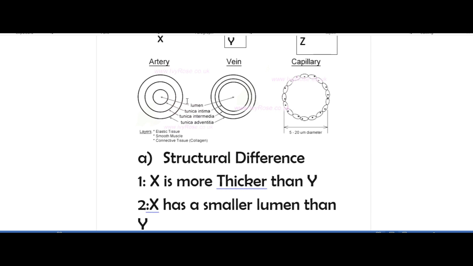But as for the artery, if there's a lot of blood flowing through it, it will most likely explode, because the blood pressure coming in from the heart to the artery is really high. So if there's too much blood flowing, the artery could just explode and the blood would go everywhere.